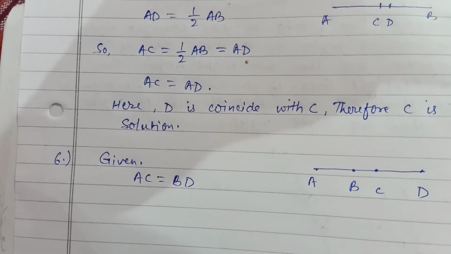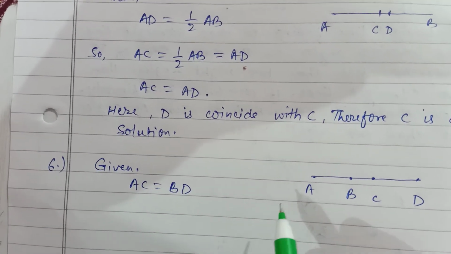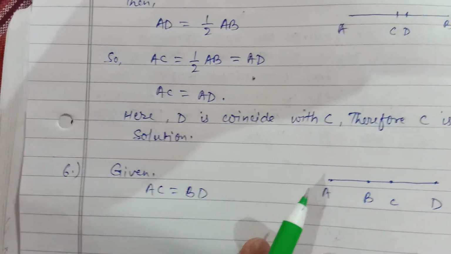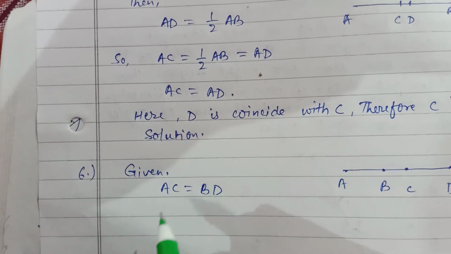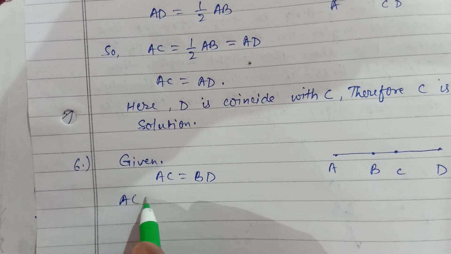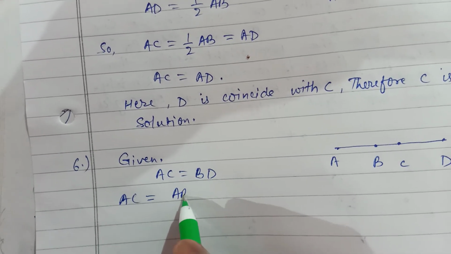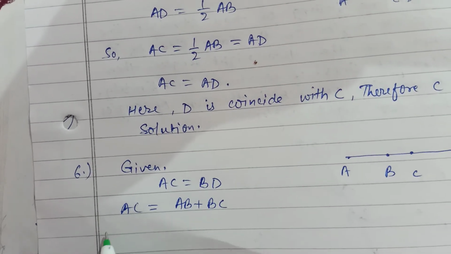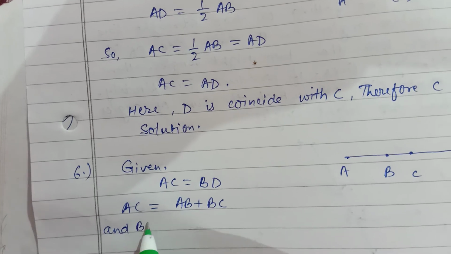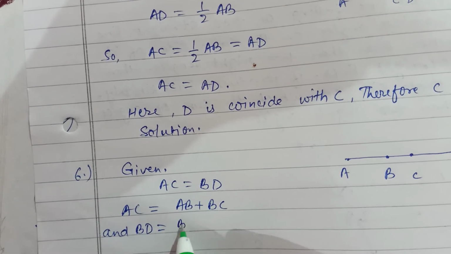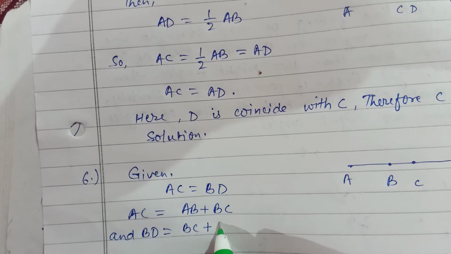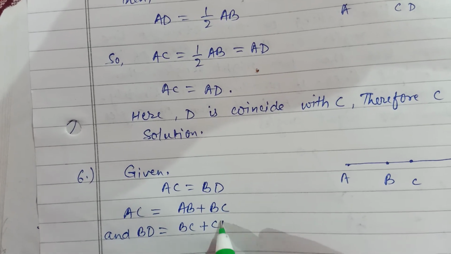Okay. So AC equals BD. Now we write AC equals AB plus BC and BD equals BC plus CD.